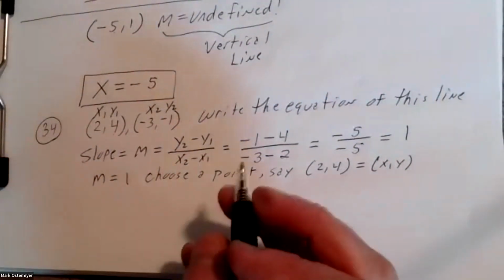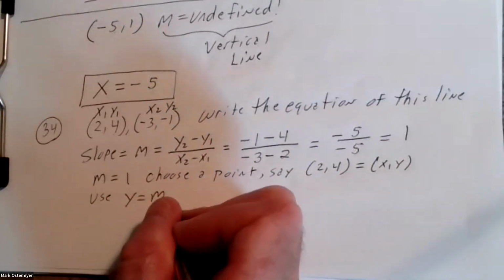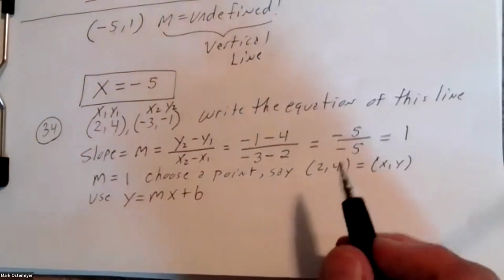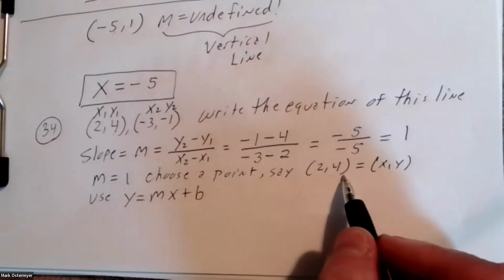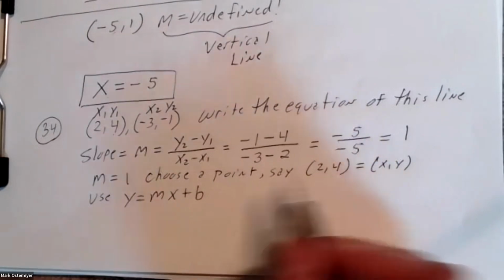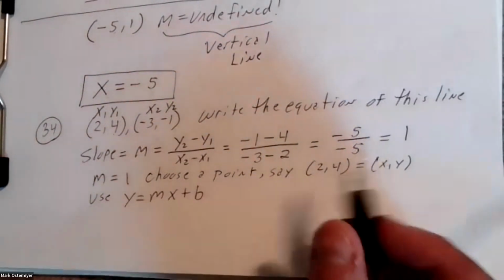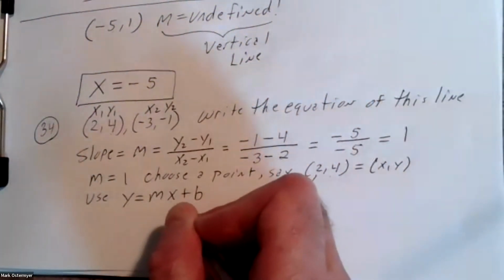This time, instead of using point-slope form, I'm going to use slope-intercept form to write the equation of this line. Now, if this point lies on the graph of our linear equation, then it has to satisfy this linear equation, meaning that I should be able to substitute in for my x variable the x coordinate of this point.